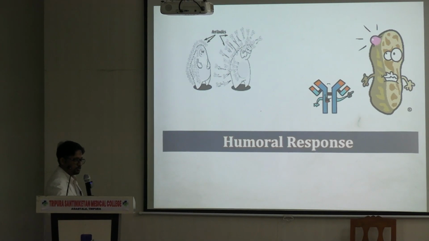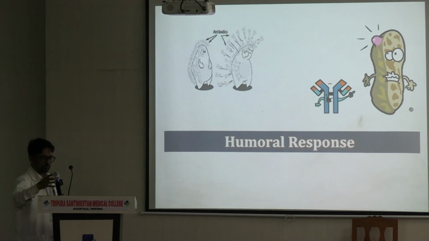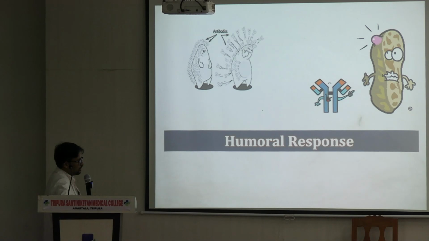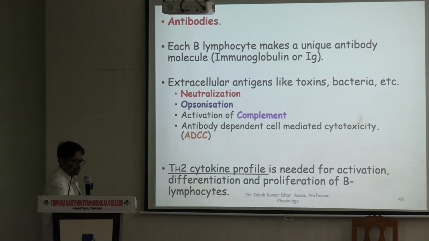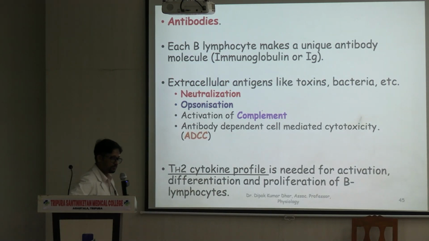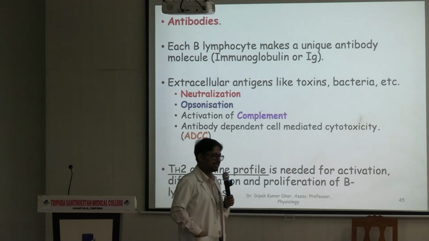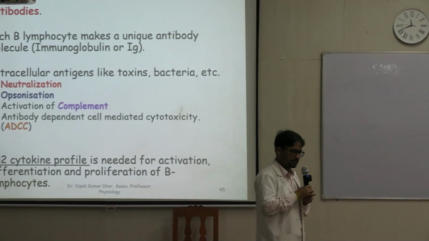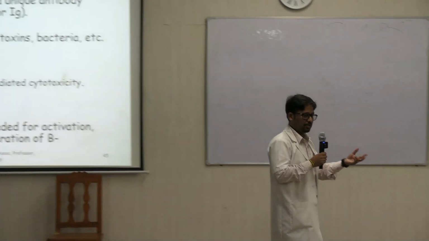Humoral response: the word humoral comes from soluble. I'm trying to emphasize this point from the outset. So antibodies are important here. B lymphocytes, once they're activated, form plasma cells, and T lymphocytes form memory cells.